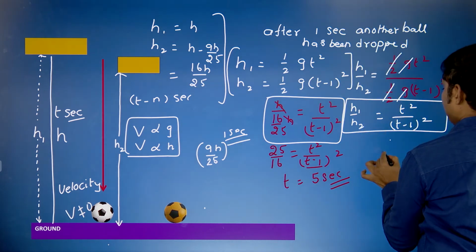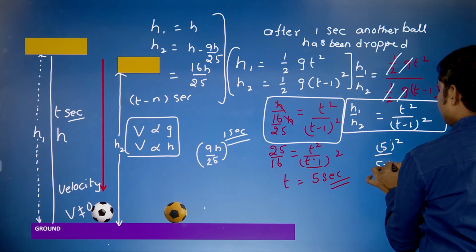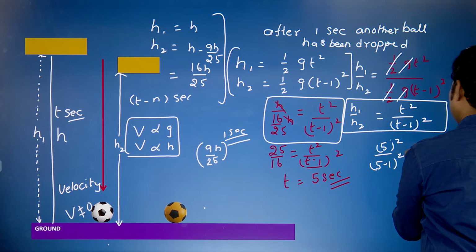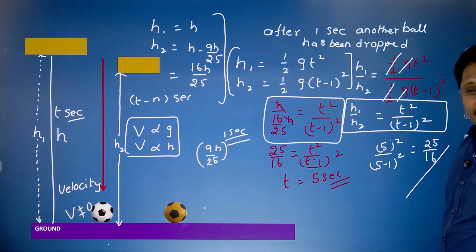Yeah, you know, 5 square by 5 minus 1 whole square, that is going to be 25 by 16. Right. It is in this fashion you have to answer the questions within short period of the time. It doesn't take too much time. You can solve the problem very easily.